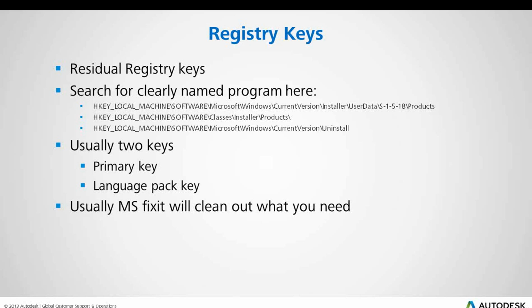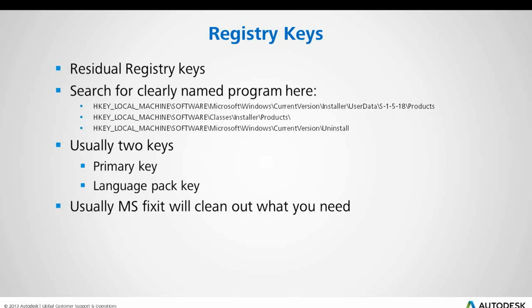And normally each program is not only going to have a key for the regular program itself, the primary key, it's also going to have one for a language pack. Most of our programs will install both the base program and a language pack for it. Even English counts as a language pack. So you'll have to delete usually 2 keys under each of those 3 locations.